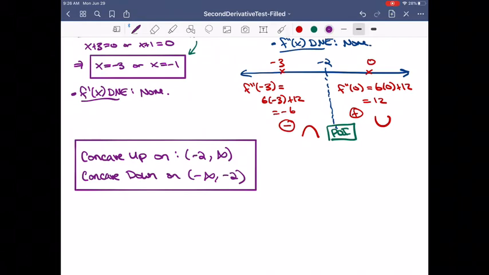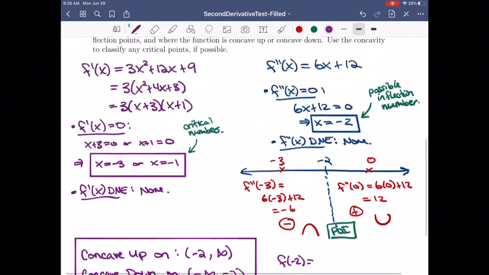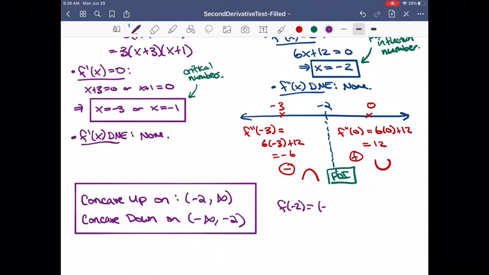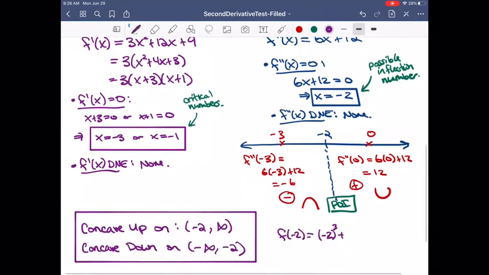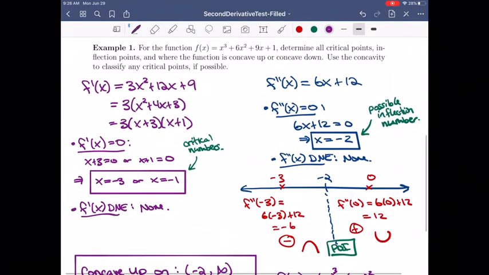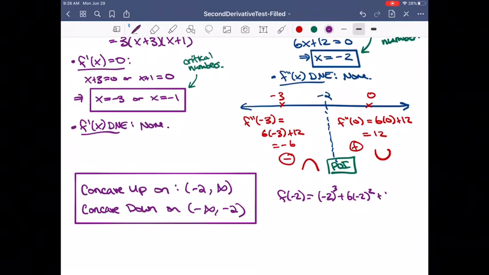So let's find f of negative 2. That's where we want to use the original function. So it's negative 2 cubed plus 6 times negative 2 squared plus 9 times negative 2 plus 1.